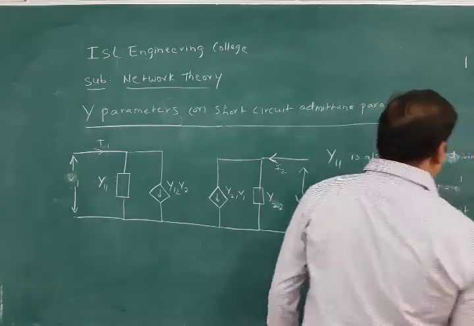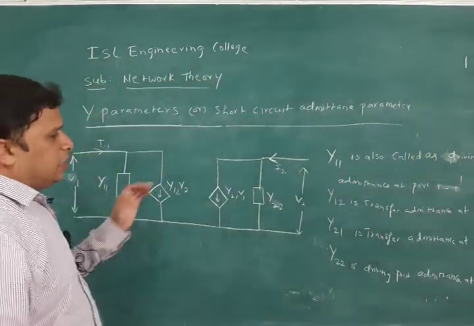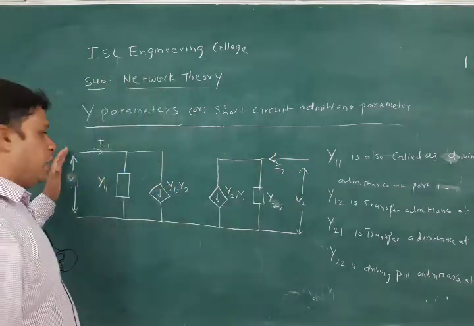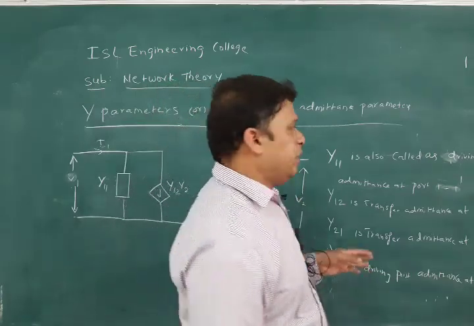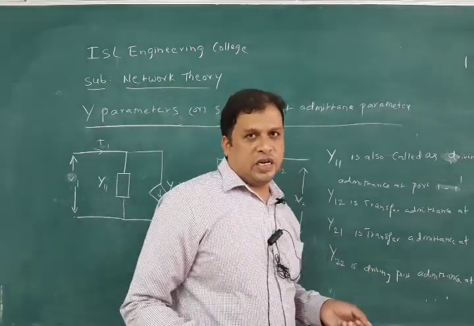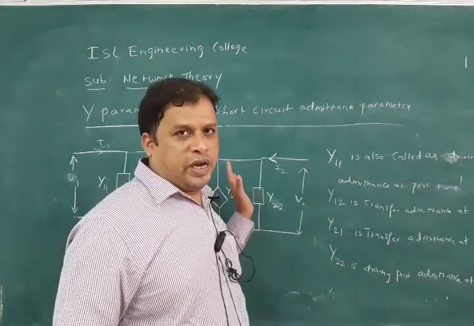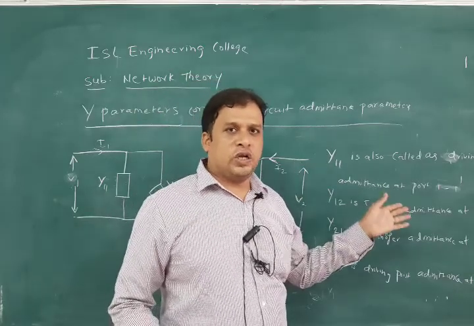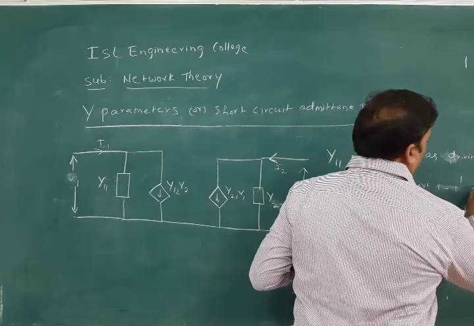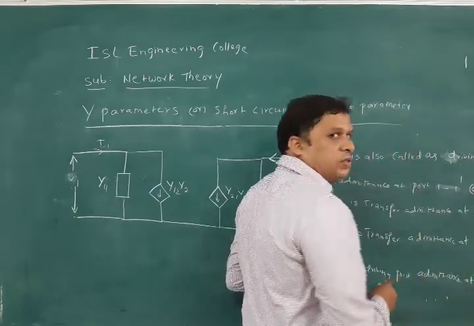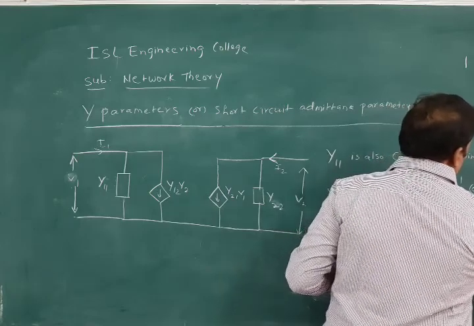So here you can write either this side port as 1 dash and this side port as 2 dash, or you can write this side port as A dash and this side port as B dash. Whatever you have written in the beginning, you can continue with it. It doesn't matter, because 1 dash is port 1 and 2 dash is the second port, or A dash or B dash also you can say.